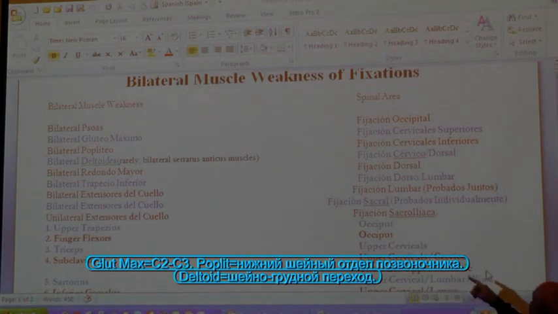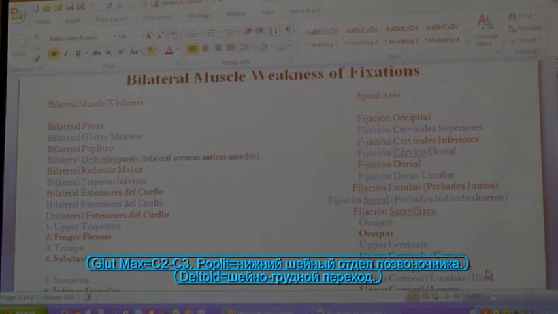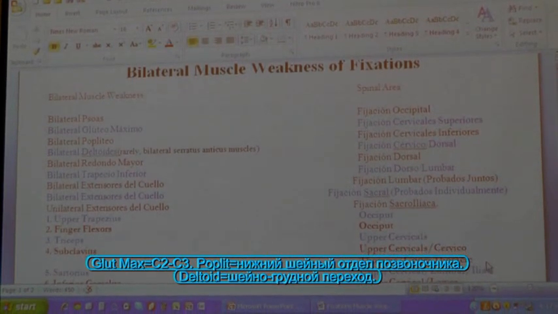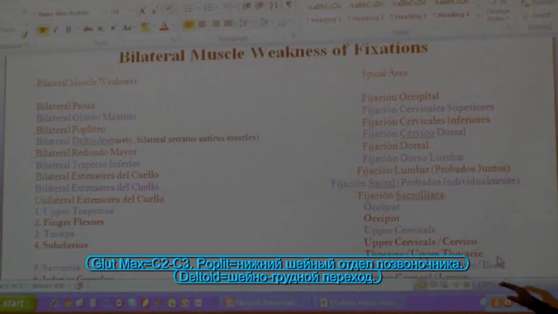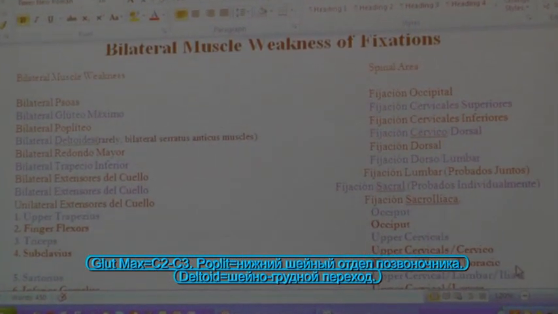Bilateral popliteus is in the lower cervical spine. Bilateral deltoid is the junction between cervical and dorsal spine.